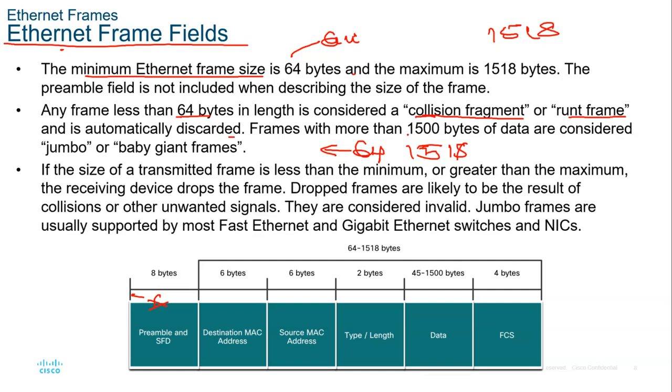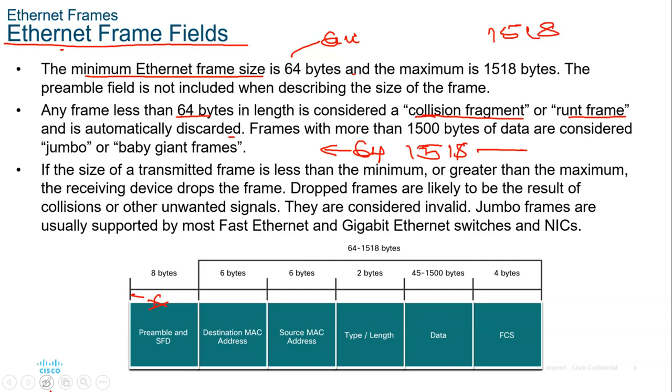Frames with more than 1500 bytes of data are considered jumbo, or giant frames.